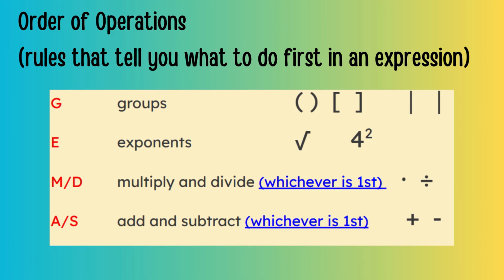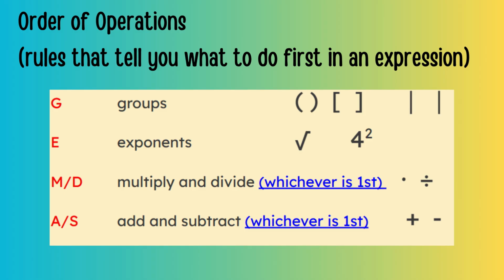Now there's order of operations, which will give you the rules that you want to do first in an expression. So if you're learning about expressions, you're going to have to solve your problems in a certain way in order to get the right answer. Here in the USA, we use GEMDAS, or sometimes people will use PEMDAS as the acronym, but the G stands for groups, the numbers in parentheses or brackets, or even absolute value.